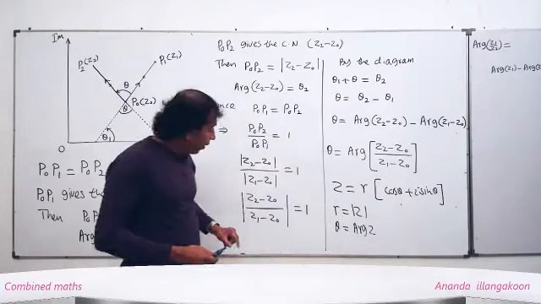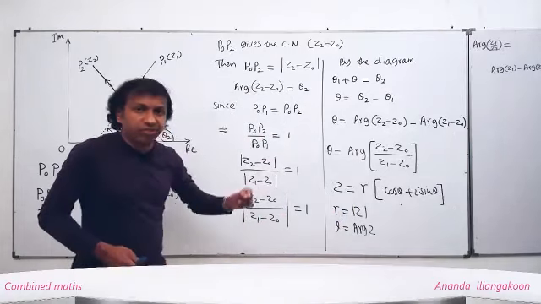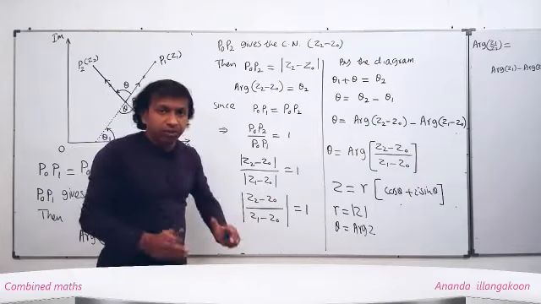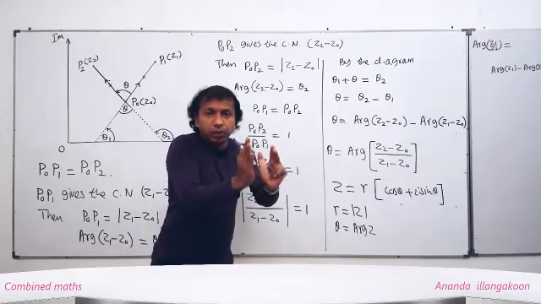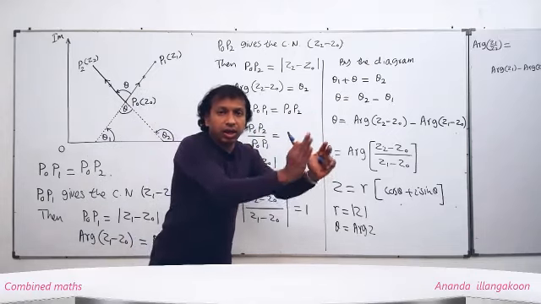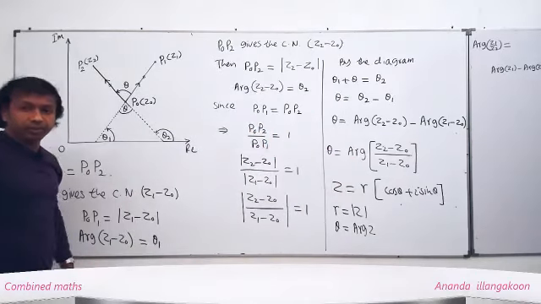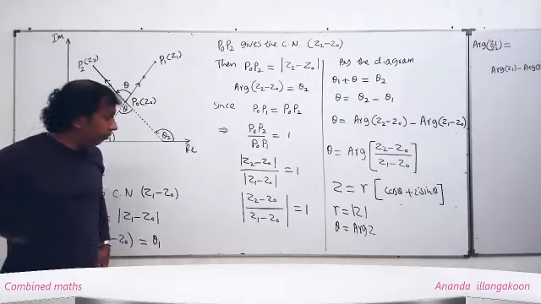Therefore, this complex number, (Z2 minus Z0) divided by (Z1 minus Z0), we can write. How? This complex number equals its modulus, within bracket cos its argument plus i sin its argument. That way we can write. Understand? Right?